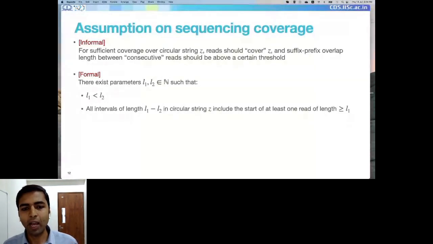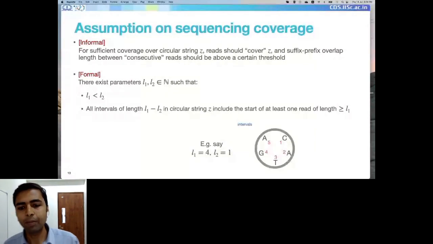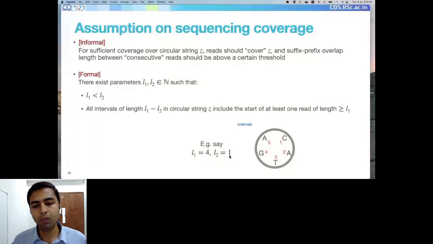Now I'll help you understand through an example. Suppose this is a circular string, and we would like sufficient sequencing coverage over it. Let's say parameter L1 is 4 and parameter L2 is 1.